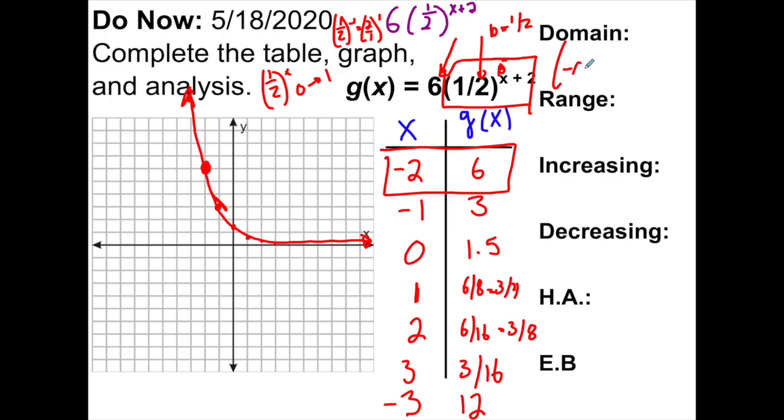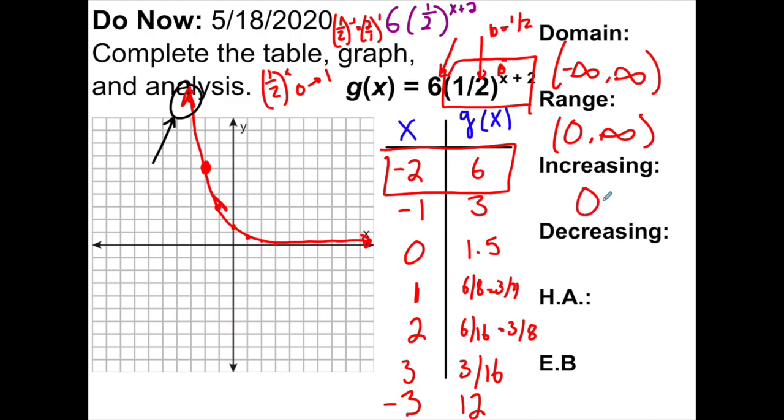Analysis, folks. So domain, -infinity to infinity, as usual. Range. Okay, so the lowest y can be is 0. I'll do the analysis graph markers in black. This arrow pointing up indicates we're going to infinity.